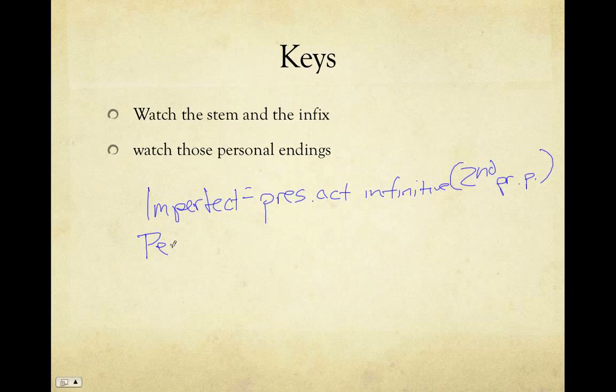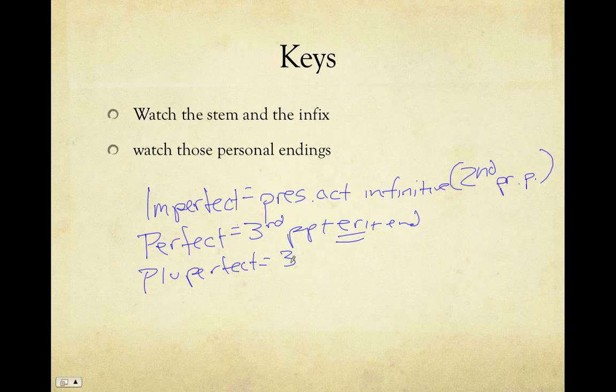For the perfect, it equals the third principal part plus eri, so you look for that eri plus your ending. And for the pluperfect, your third principal part plus isse plus your endings.